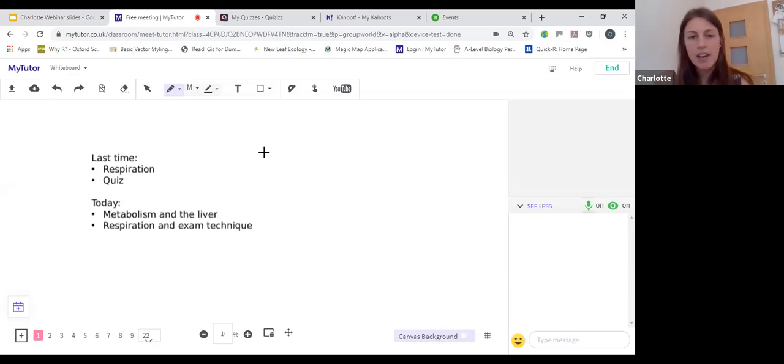Okay, so today we are going to look at respiration some more. Last Friday we looked at respiration and we had a quiz. We cover content from the AQA biology specification, but don't worry if you're not studying AQA, or you're not sure what you'll be studying next year, or if you're just using this as a recap for A-level.